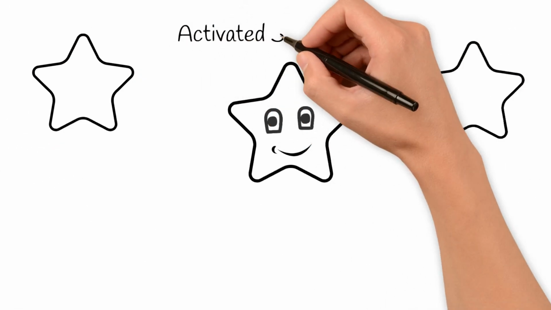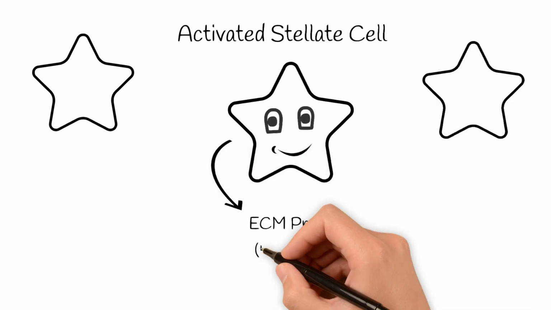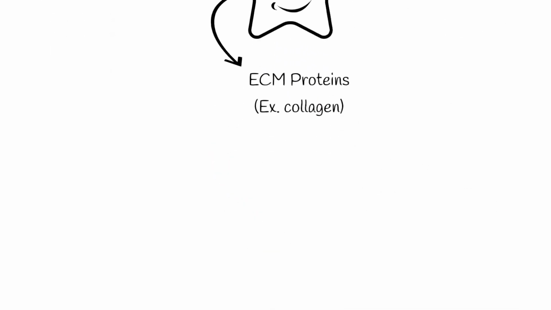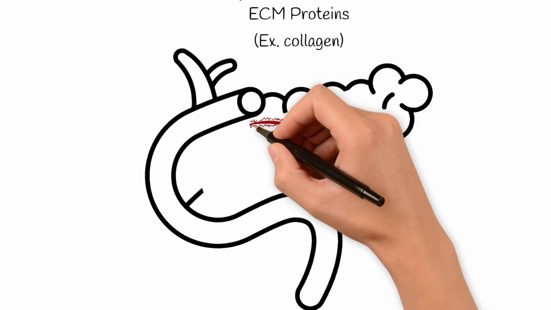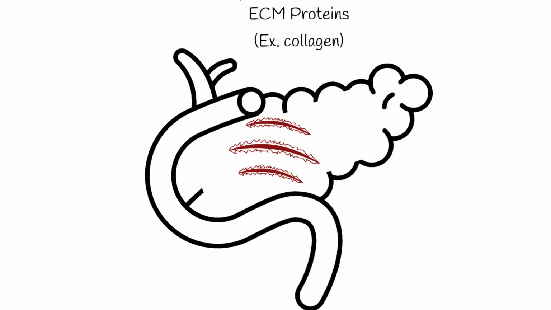Activated stellate cells grow and divide rapidly. Instead of storing vitamin A, they start synthesizing extracellular matrix proteins, especially collagen. This accumulation of ECM proteins eventually leads to fibrosis, or a buildup of scar tissue so severe that it impairs the ability of the pancreas to perform its normal endocrine and exocrine functions.